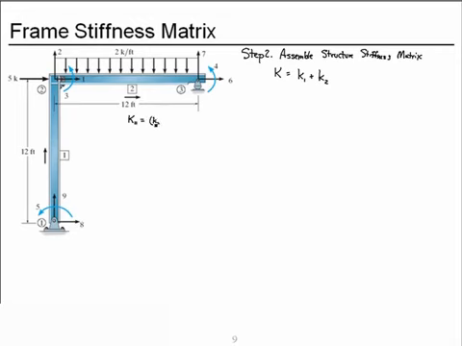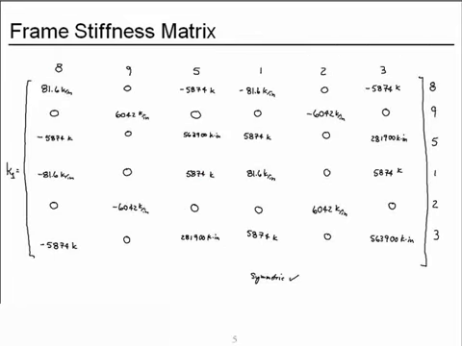And we obtain that by summing the coefficients from the two elements. And so if we look back for member 1, K11 is not this quantity, it's this row, the row associated with degree of freedom 1, and column associated with degree of freedom 1, it's this coefficient.